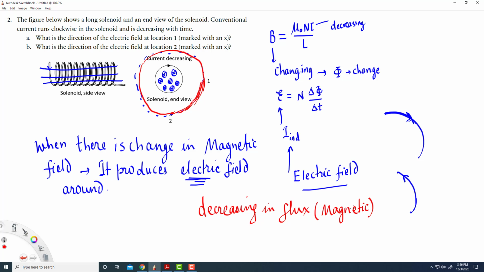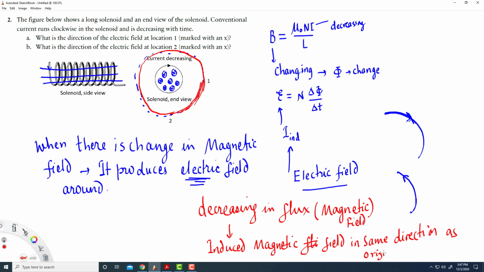So when there is decrease in flux or magnetic field, there would be an induced magnetic field in the same direction as the original magnetic field. That will compensate the decrease.